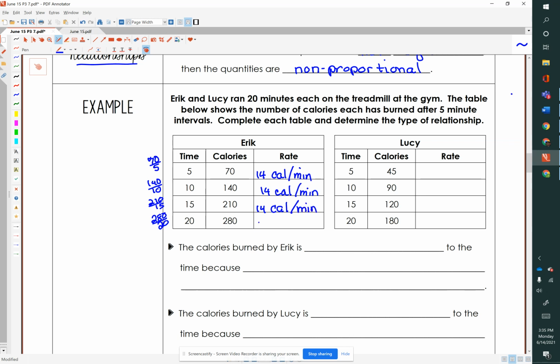And 280 divided by 20 is also 14 calories per minute. So this is a proportional relationship. We can say the calories burned by Eric are proportional to the time because every ratio in the table is equal.